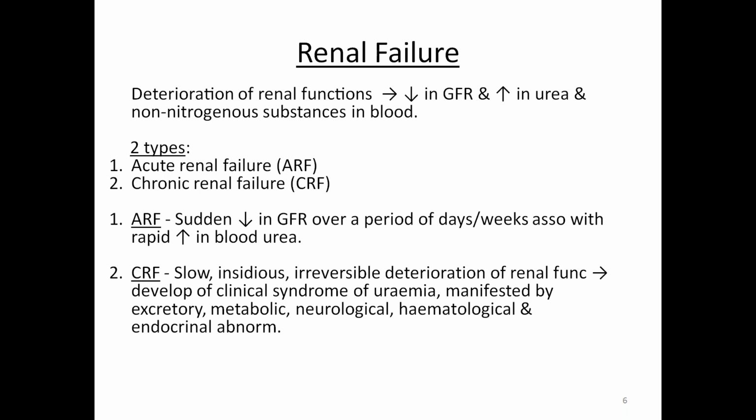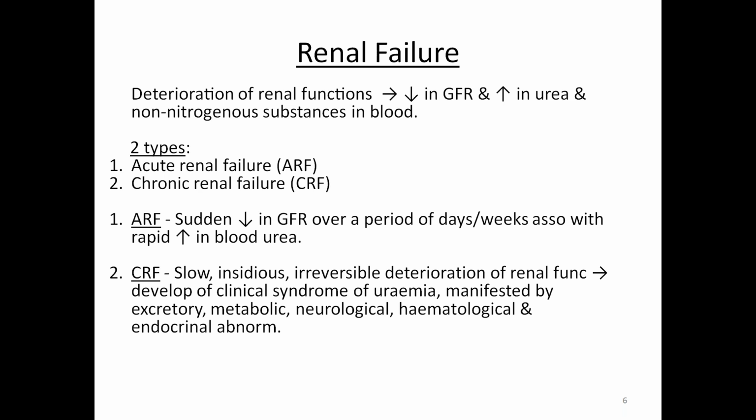And that can lead to development of a clinical syndrome of uremia, which is manifested by excretory, metabolic, neurological, hematological, and endocrinal abnormalities. So as a basic rule, remember that acute conditions are generally reversible.